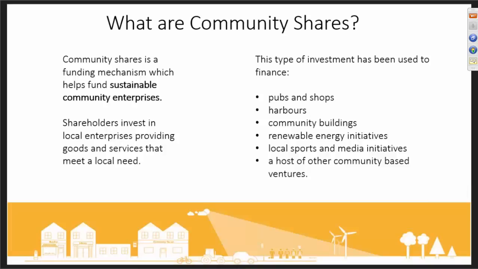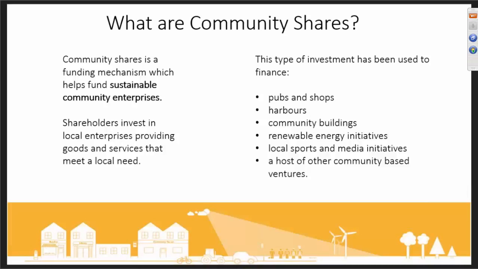So this has to be money for a community, and that community traditionally is geographical, but we're seeing more and more communities of interest approach us, and we will give you some examples of those later if needs be. The second thing is this idea of enterprise, and for reasons that will become clearer as we go along, this has to be money that's for a viable business. So there has to be a viable business proposition at the heart of what you're raising finance for.